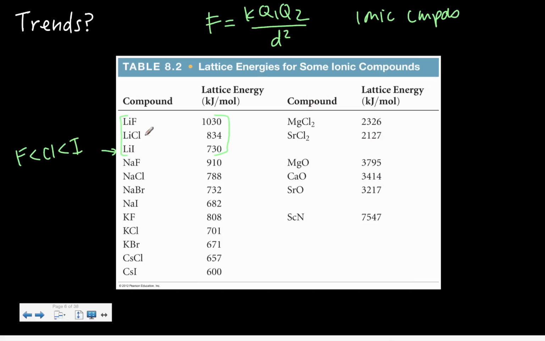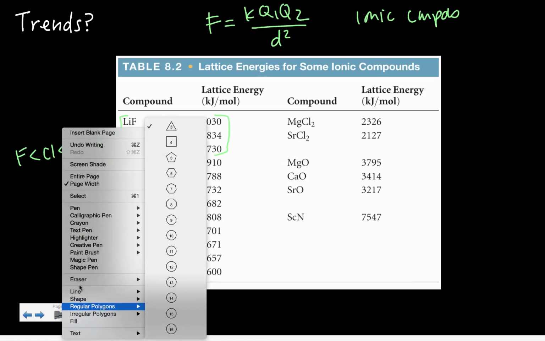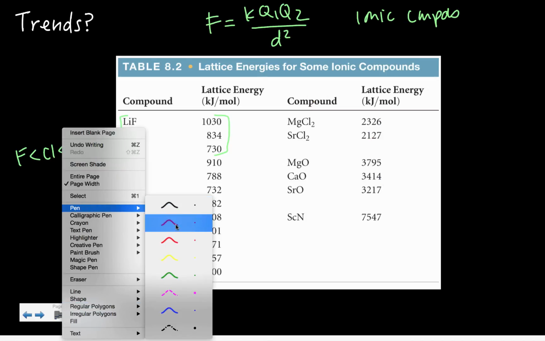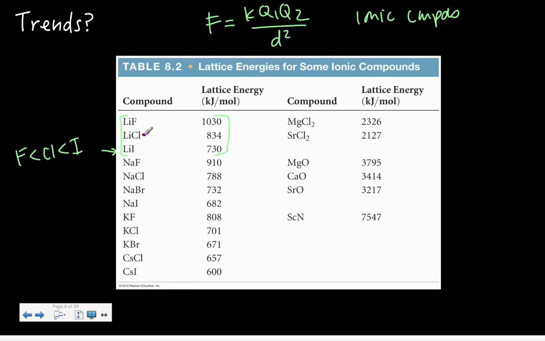Okay, now let's compare some different ones. If we have lithium chloride, and we want to compare that to something comparable, magnesium chloride. If we look at those two and we look at that energy difference, what do we notice? We notice that this one is much bigger.